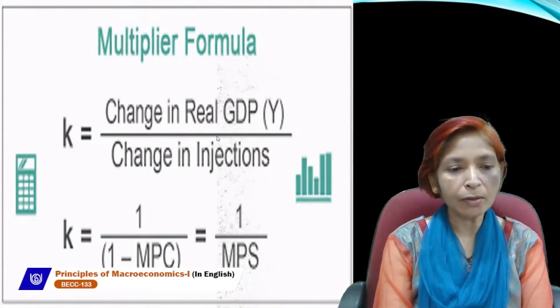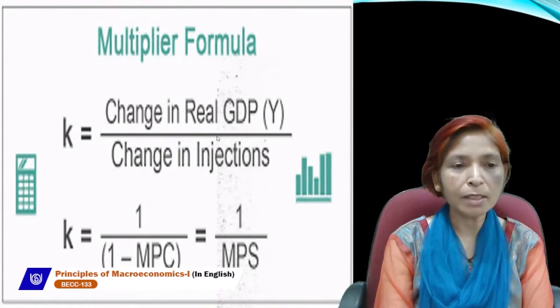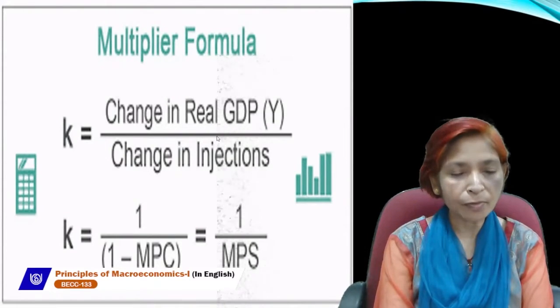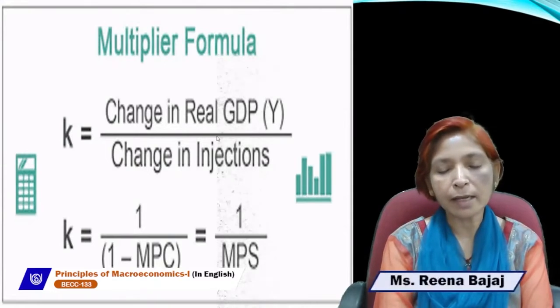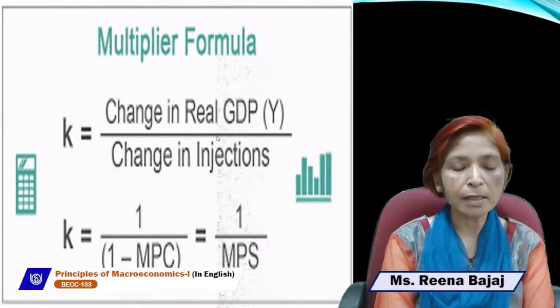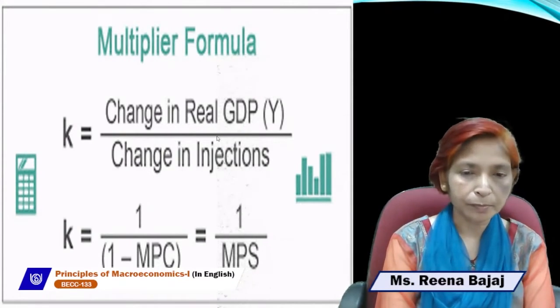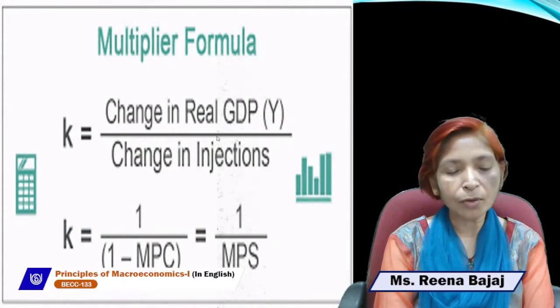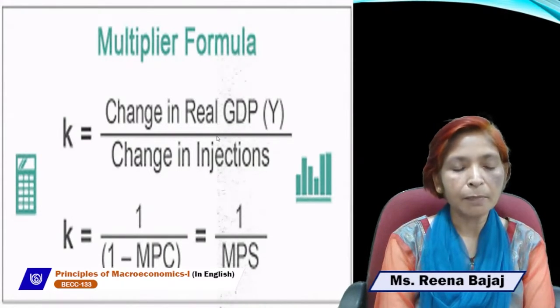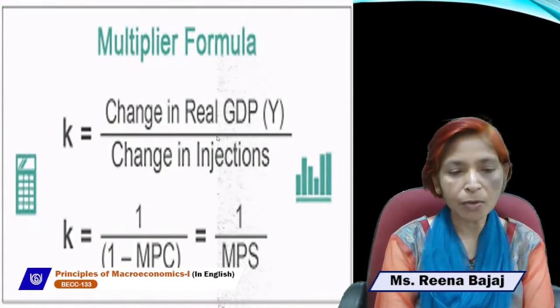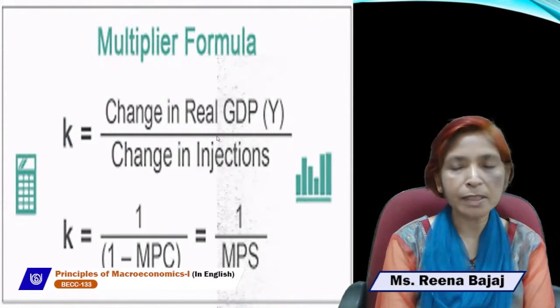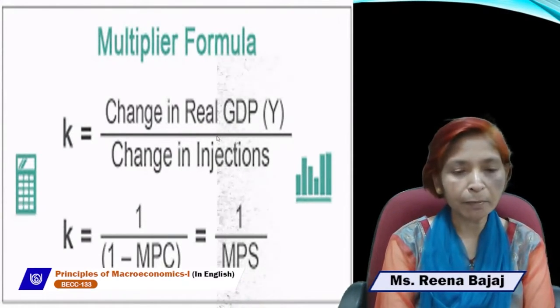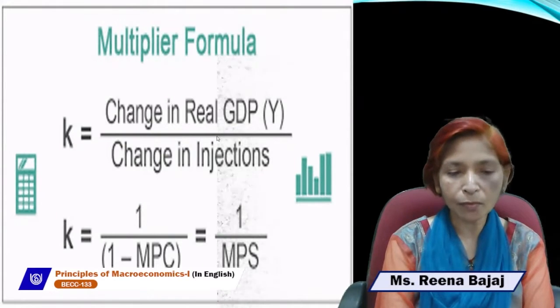One is 1 upon 1 minus MPC. We can calculate multiplier with the help of this formula, 1 upon 1 minus MPC. This MPC is marginal propensity to consume. And as we studied in the previous session, the relationship between MPC and MPS is that the summation of MPC and MPS is always equal to 1.